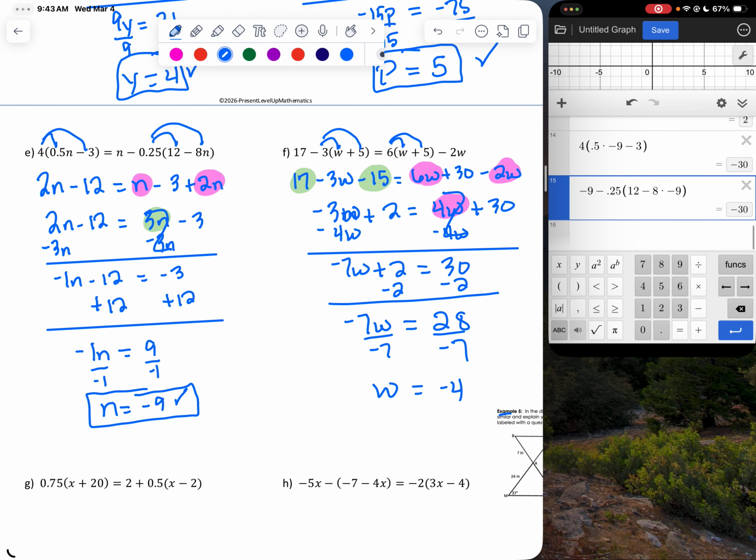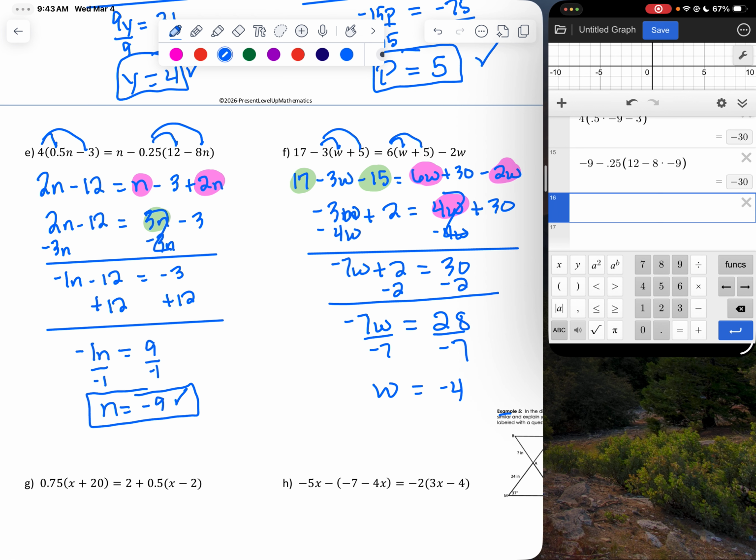All right, let's check this solution. So 17 minus 3 parenthesis, negative 4 plus 5. So there's our left side, has a value of 14.